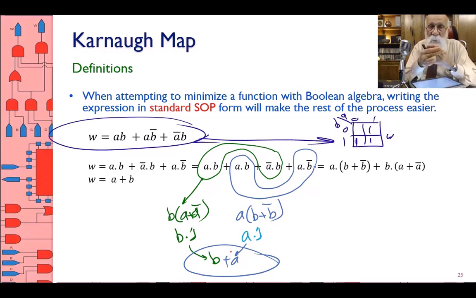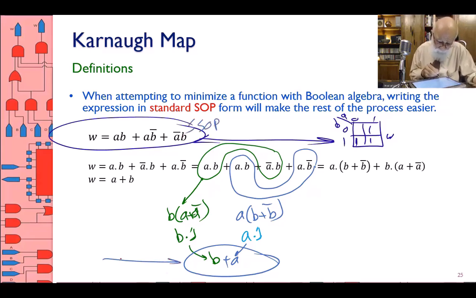Then I used Boolean algebra rules to take those minterms and combine them into a sum of products form that represents my function in its minimal form. This is sum of products, but this is the standard sum of products. This is also sum of products because I have two product terms that are summed together.